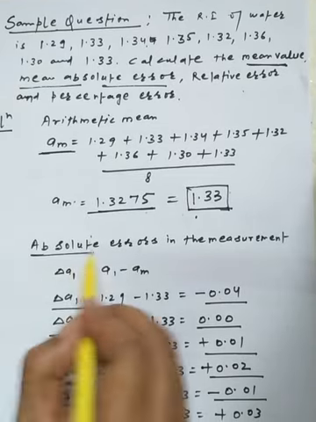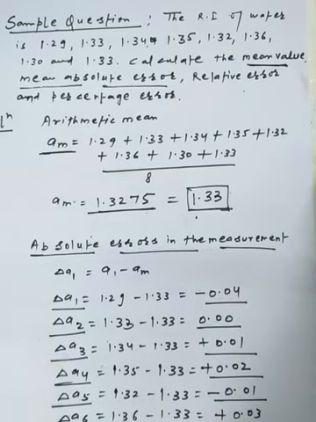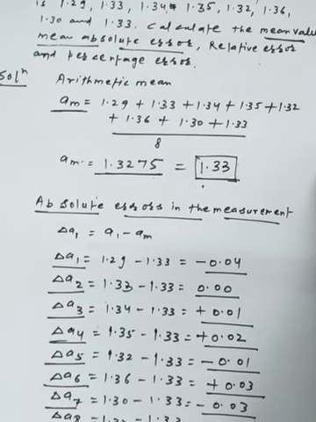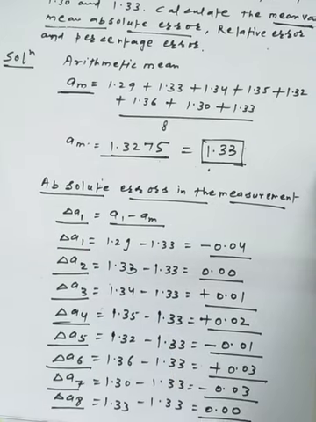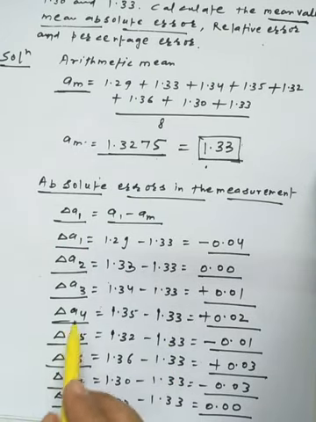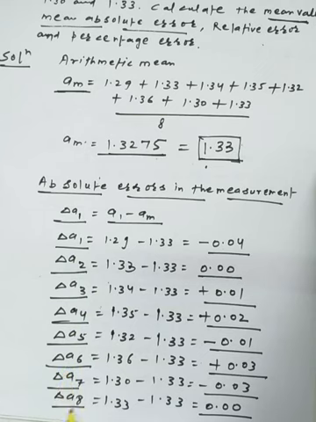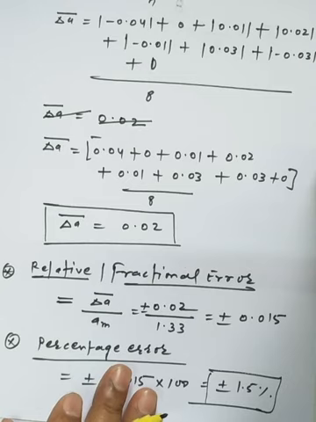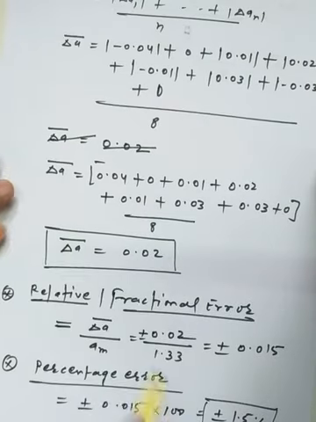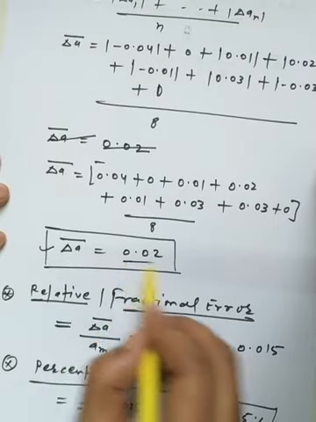Then we went through the individual absolute errors in the measurements, a1, a2, a3, a4, a5, a6, a7 and a8. After that we calculated the mean absolute error, which is 0.02.